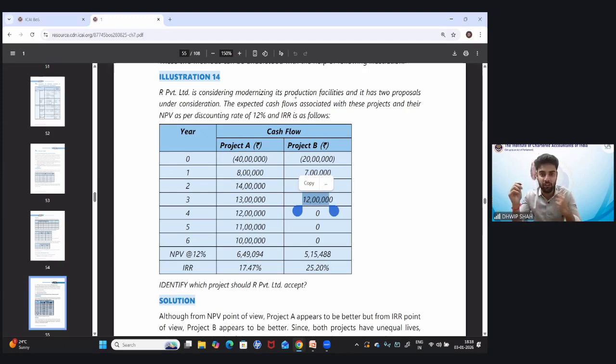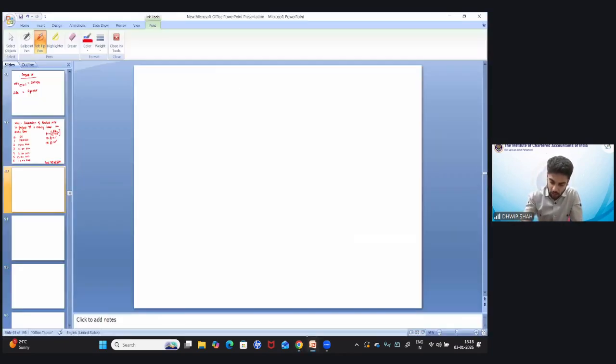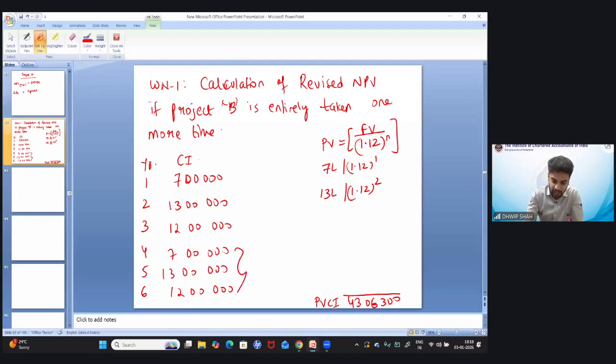So can I say at the end of year 3 I have to invest another 20 lakh? Yes or no? Once I invest 20 lakh, only then I will receive these inflows in year 4, 5 and 6. Are you getting this?